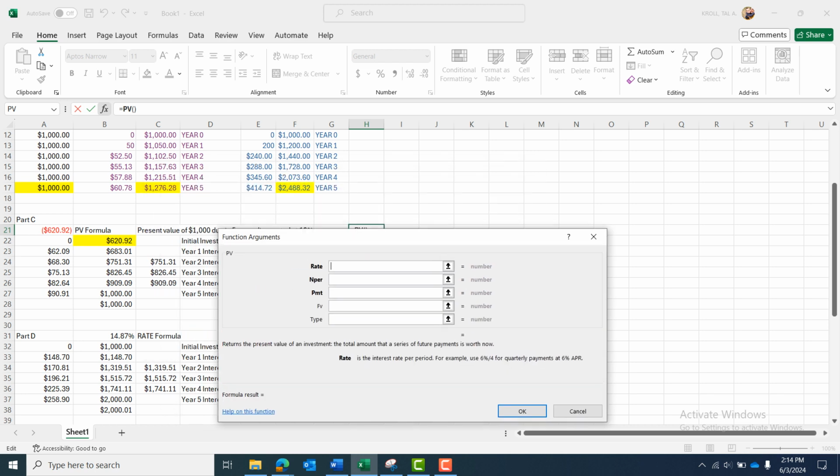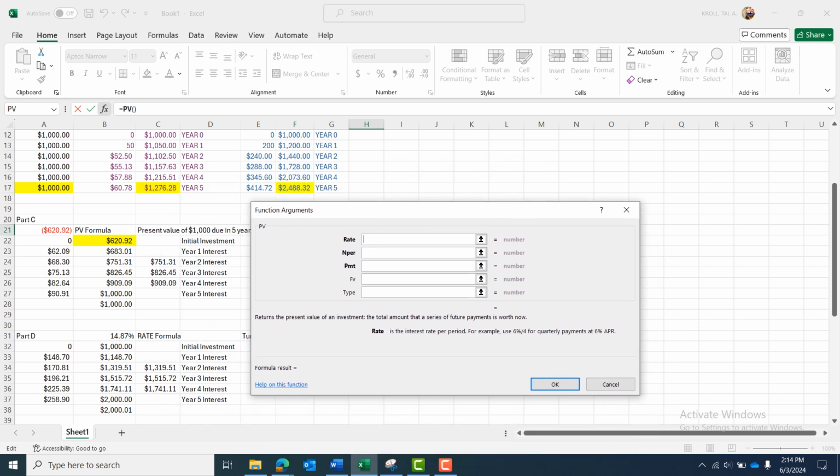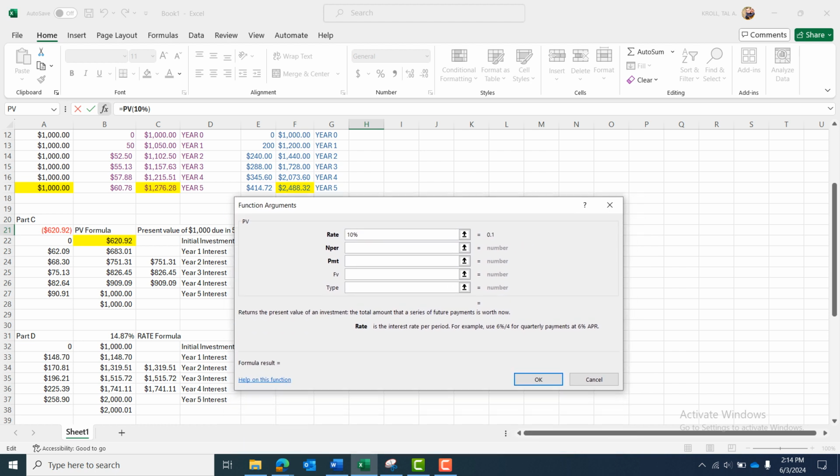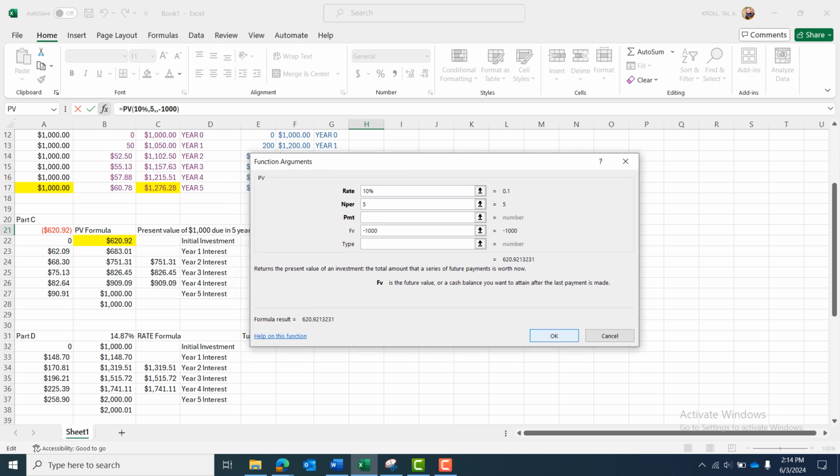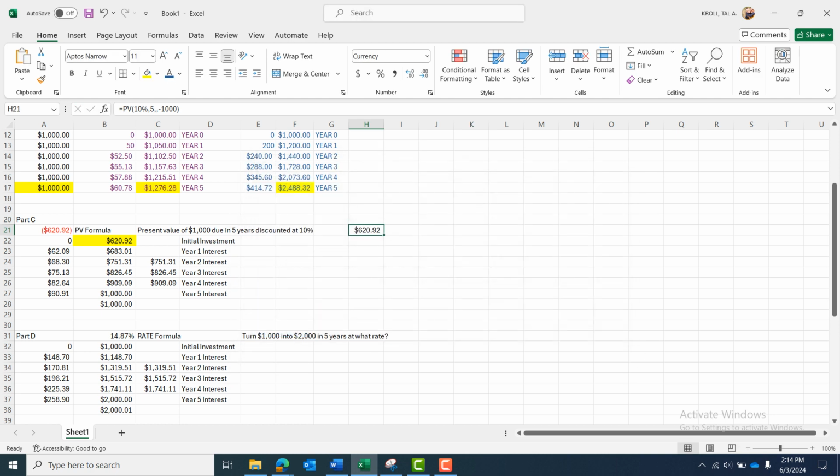I believe the problem says it is a 10% rate, and it is 5 years, so 5 periods, and our future value is 1,000. But we want to know what that would presently look like, and the answer is $620.92, also something I had done here with the formula.